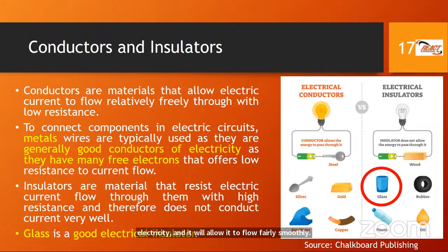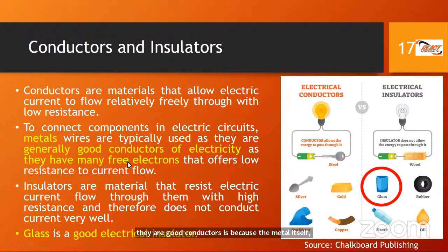Now, when we connect components in an electric circuit, we usually use wires, and those wires are made of metal. I mean, the fact that we're calling them wires. Metals are typically used, and the reason is because they are generally good conductors. And the reason that they are good conductors is because the metal itself, the material, has free electrons.